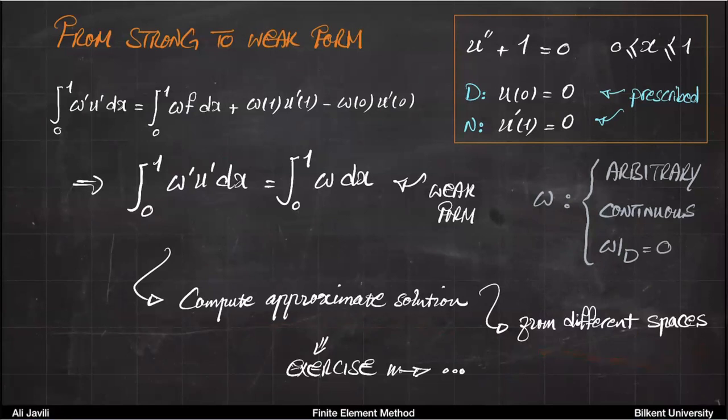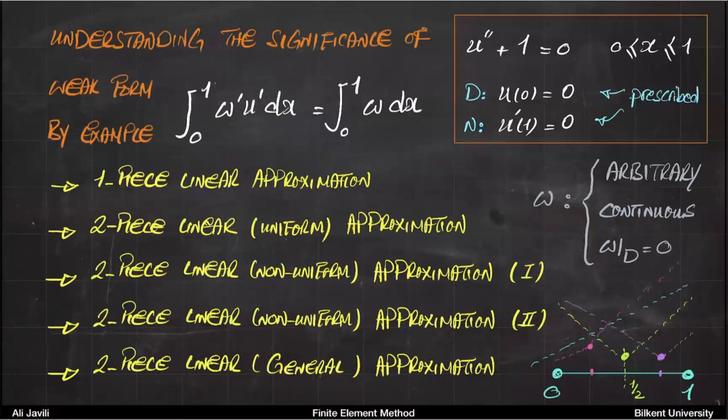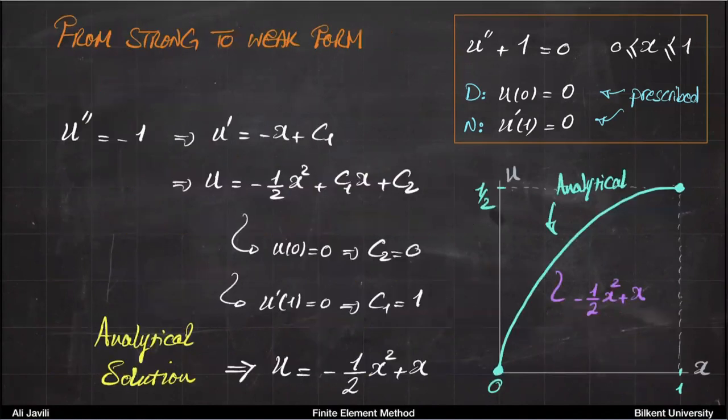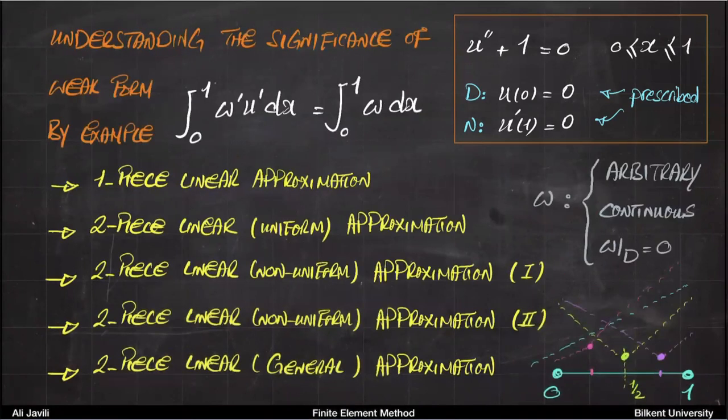And we want to take that solution from different spaces. Okay. So this is the example, or the extension of that example. We have this function, we know the analytical solution. Using the weak form, we want to solve this example based on different approximations.